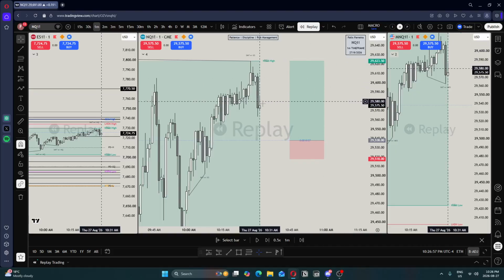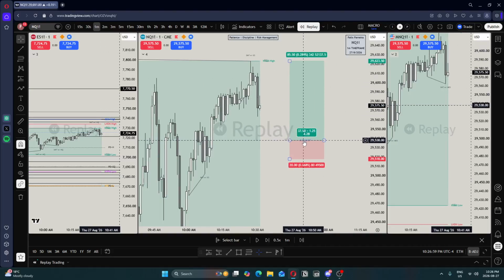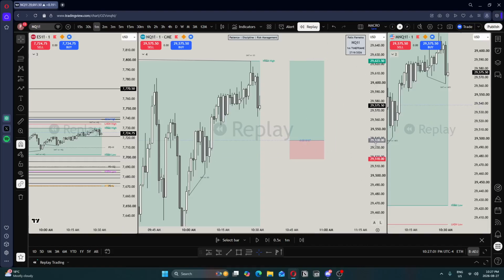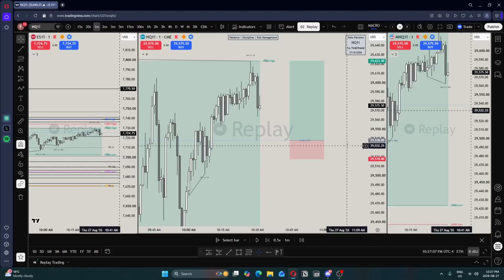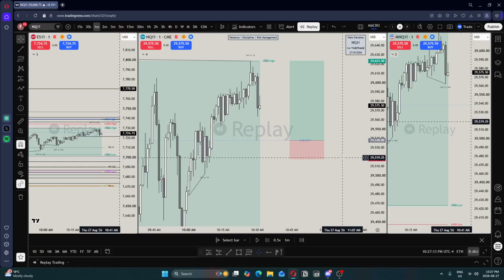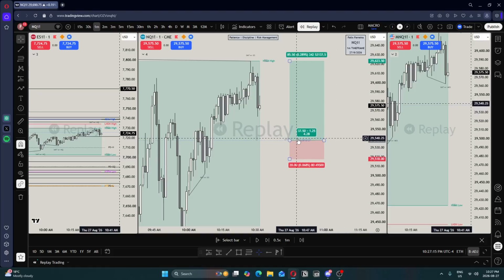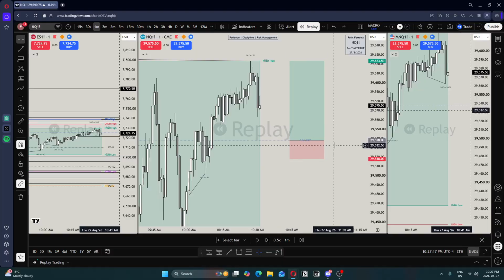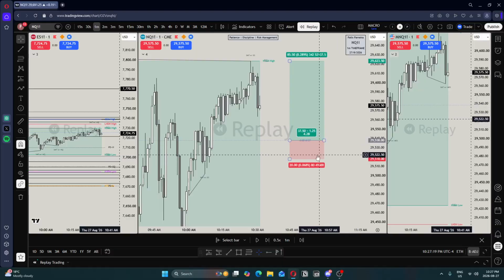So at this point, what I could do is I'll set my limit order right here at this level. If this specific price being 29,538, if this level gets hit, I will now be entered into a buy position. My stop loss will be enabled, meaning that if I get filled here for my limit order and price comes down to my stop loss, I will lose.